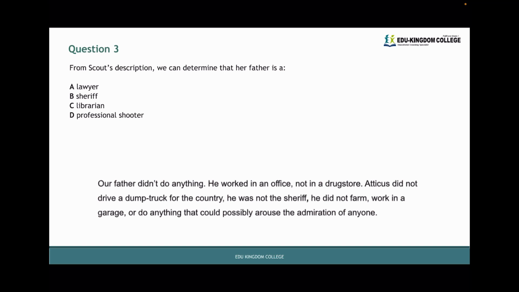So that's a giveaway that they don't work as a professional shooter. In this case, lawyer would be a good example because throughout the text they also talk about these cases, these laws and legislations. So that seems relevant for their occupation. Therefore, A would be a good option.